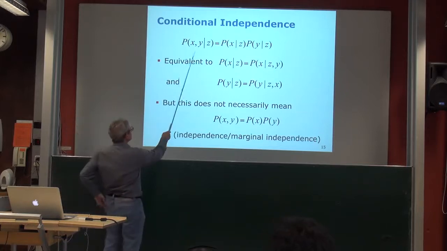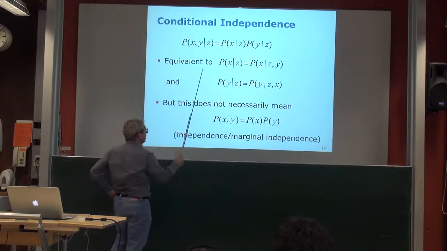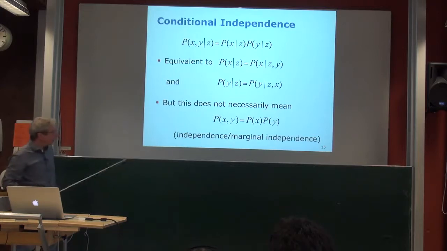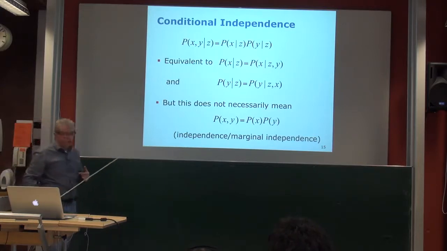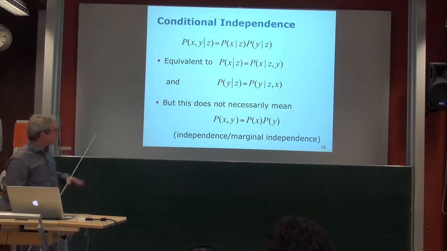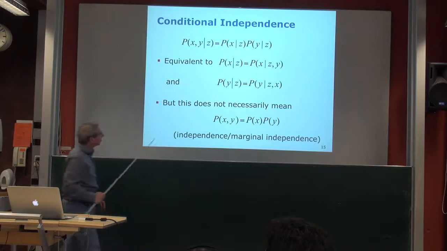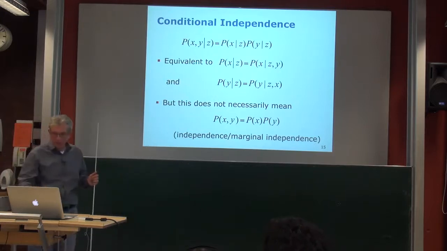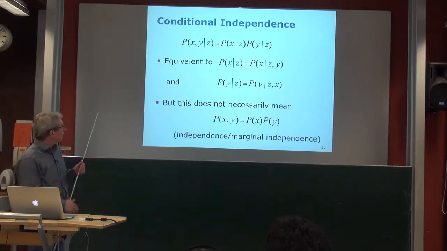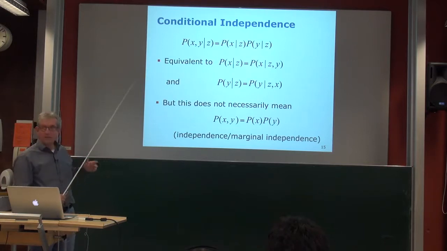It could be that x and y given z are independent, whereas they are not independent without the information about z. We will make a proper statement about this later, but one always needs to take it into account.